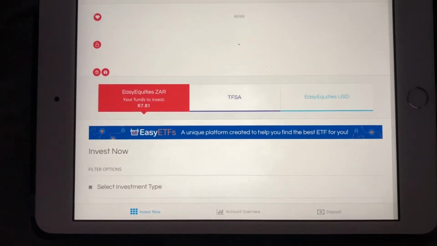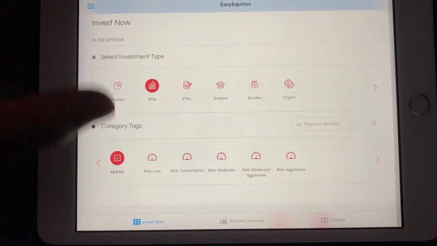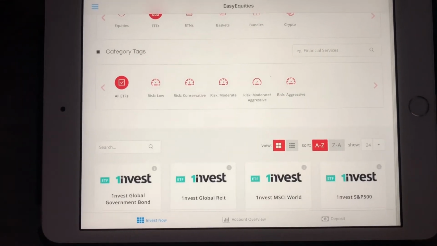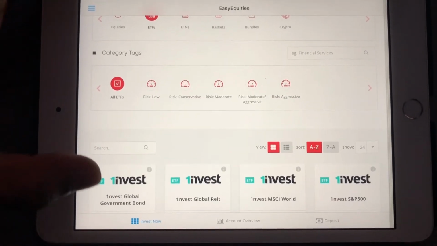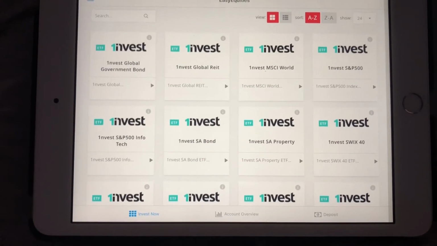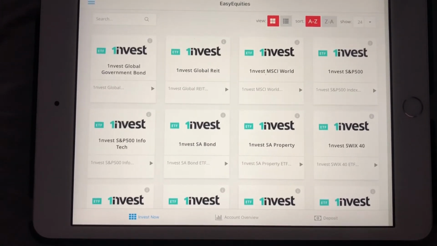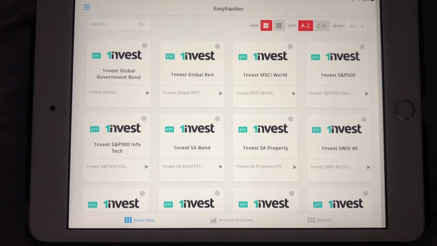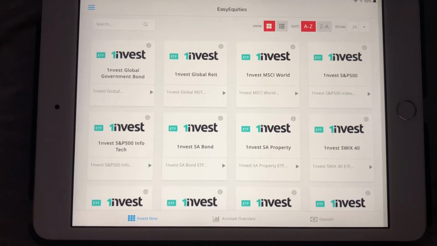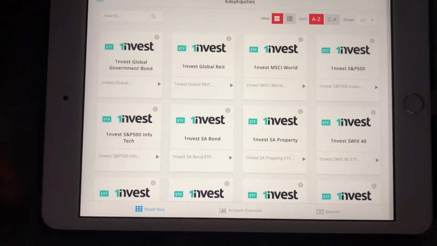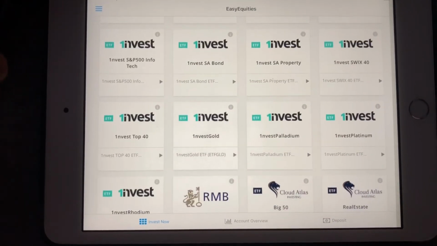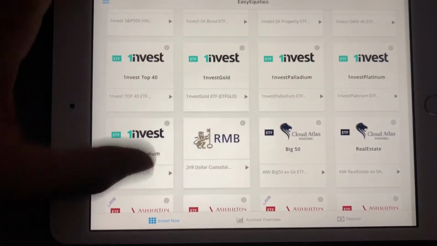So if you see an ETF here, you can Google about it before you invest in it. It always helps to Google, just to have a bit of an idea what it's about, because when you look for information on this platform, it doesn't give much. They just give little information so that you can have an idea of what it's about. But if you want extensive information, you can Google on your own, so that you know what you're putting your money into.